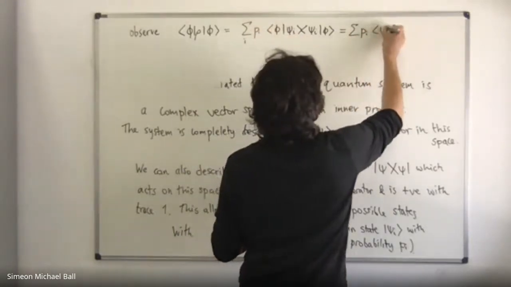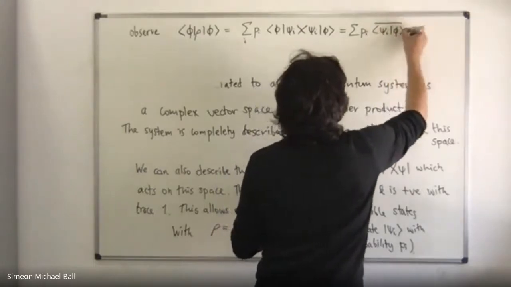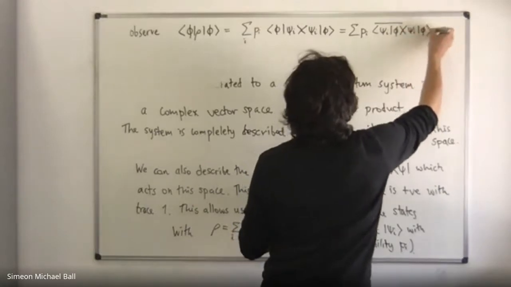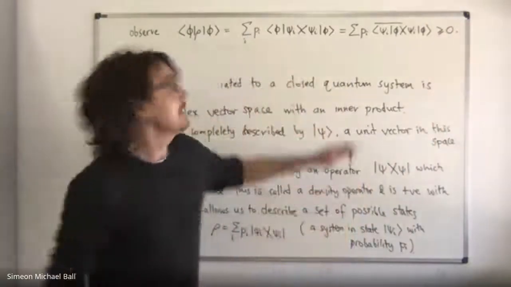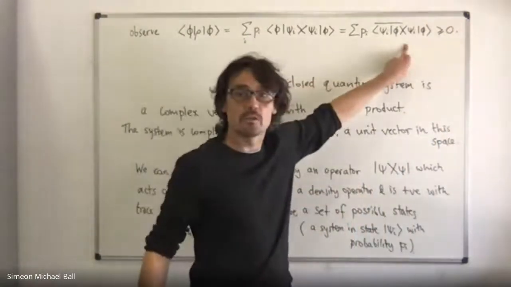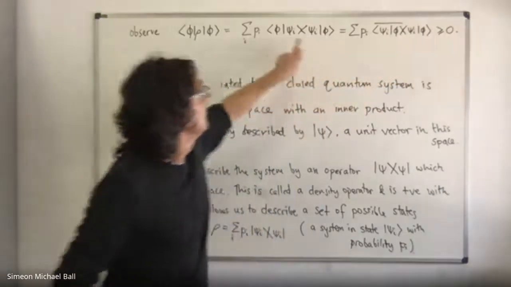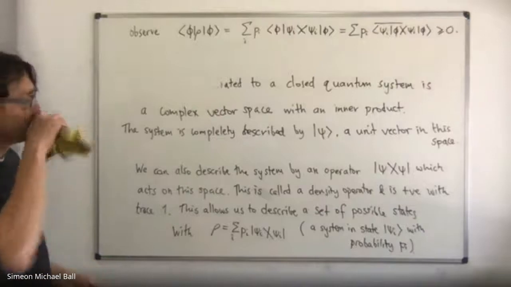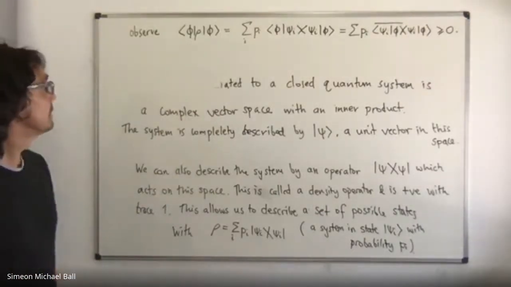This is, of course, this conjugated. So all I'm doing here is summing real positive numbers. Okay? So this is positive. The definition of positive is that this is always a positive real number.